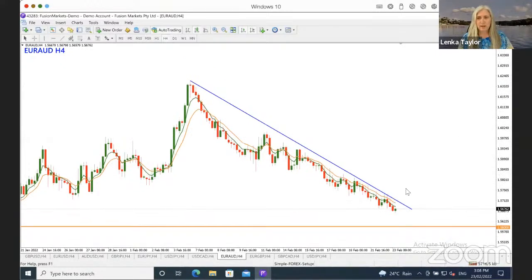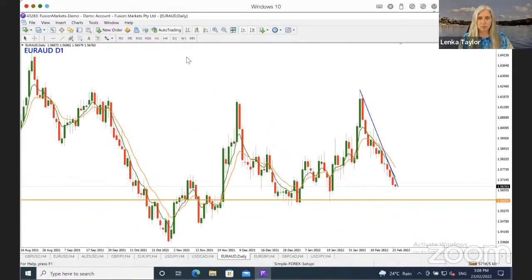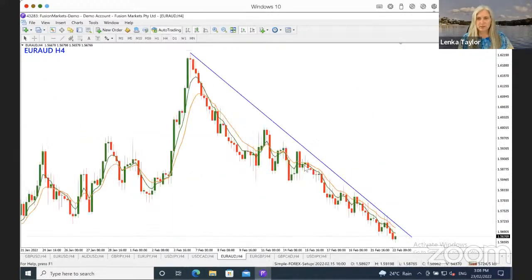So I'm going to wait until it comes possibly down to this support level and then see if we get a reversal at that point. Yeah, it's just slowly creeping down, but I don't have a good entry into that for a short, so I'm just going to wait it out.